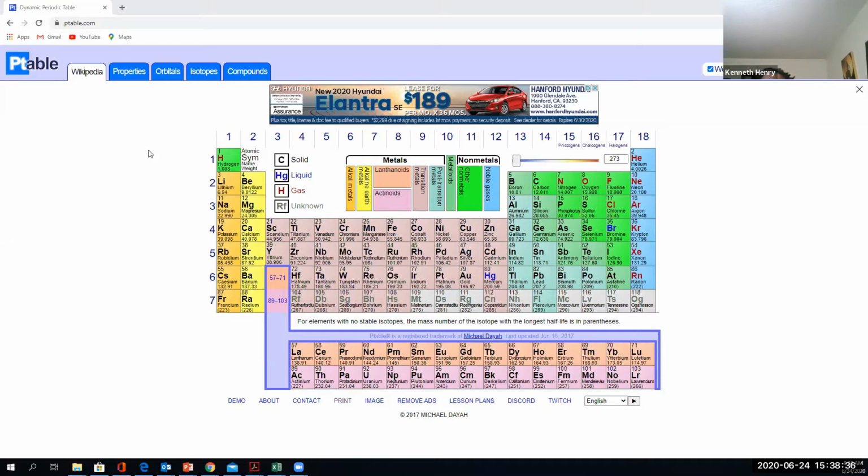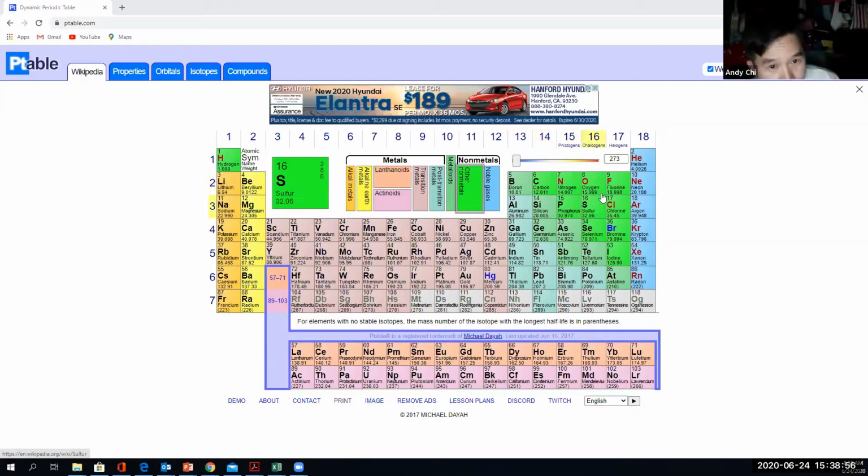I have my periodic table up because that's what I'm going to use, right? Ionic compounds are going to have metals and non-metals. If you have a metal and a non-metal, it's going to be an ionic compound. If it's just non-metals together, it's going to be covalent.